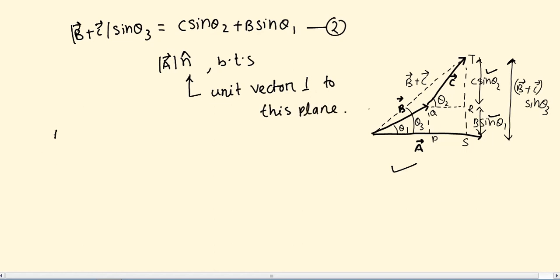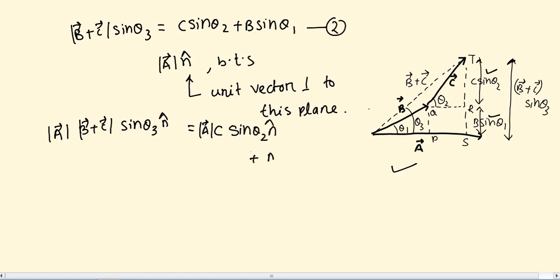So if you multiply, we will have A magnitude B plus C magnitude sin theta 3 n cap equal to A magnitude C sin theta 2 n cap plus A magnitude B sin theta 1 n cap.